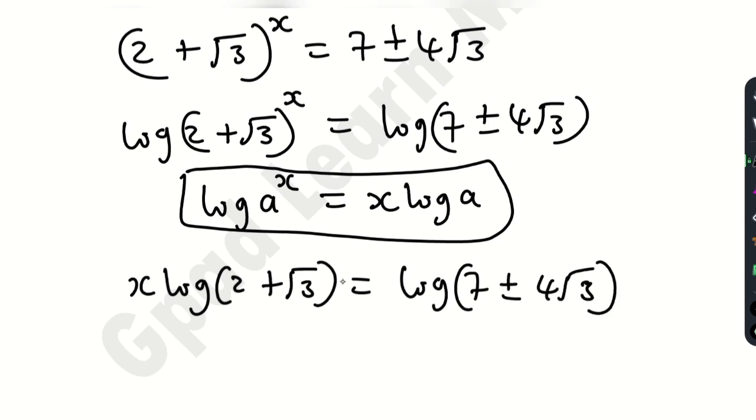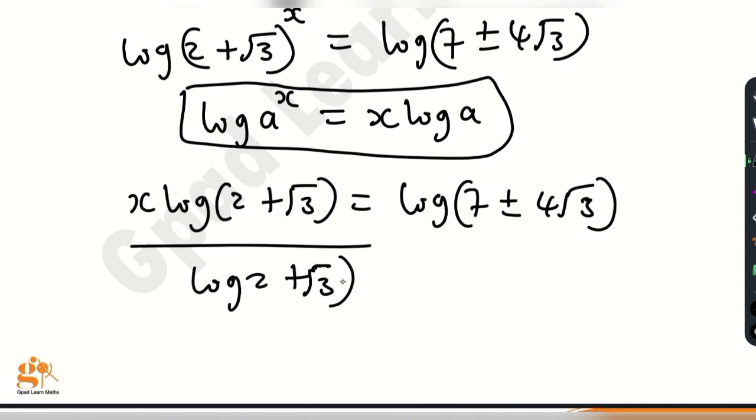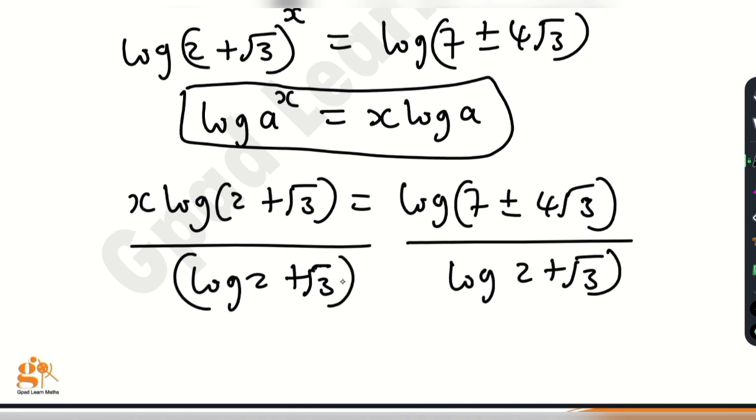Okay. Now from here, I'll divide both sides by log into bracket 2 plus root 3. So divide here by log 2 plus root 3, and this by log 2 plus root 3. So this cancels this.